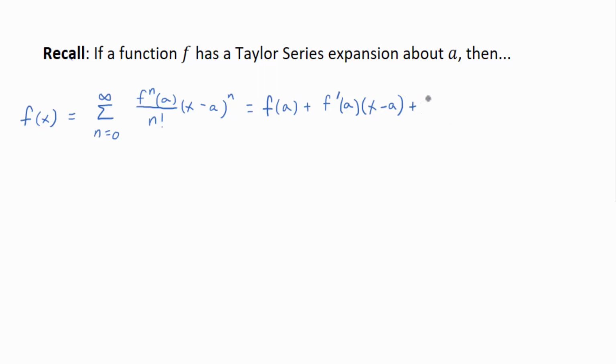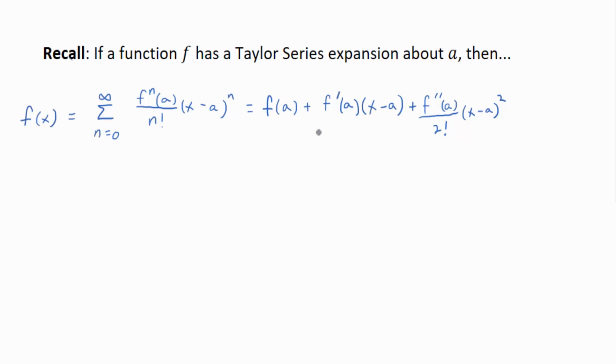What's the next term going to be? F double prime. You plug in 2 for n, right? So double prime, or you could use a superscript 2, of a divided by 2 factorial, to establish the pattern, or at least start to, x minus a to the 2. I'm not going to write the next one down because I don't have enough room.